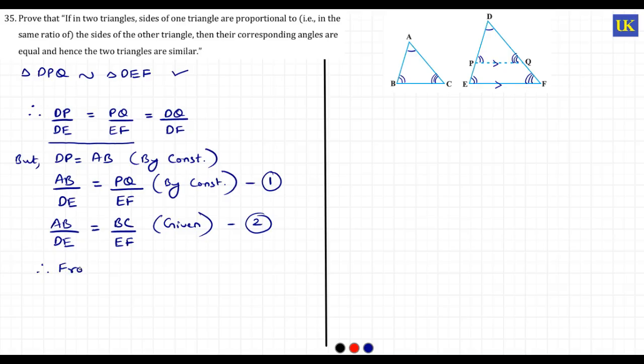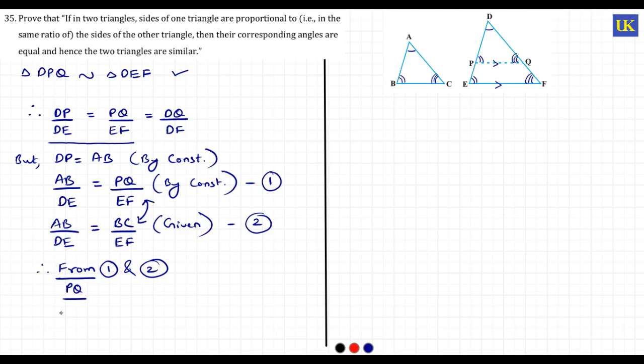And from 1 and 2 now, we can say that if this AB upon DE is equal to this, and the same AB upon DE is equal to this, then these two things should also be equal to each other. That is what I will be writing.